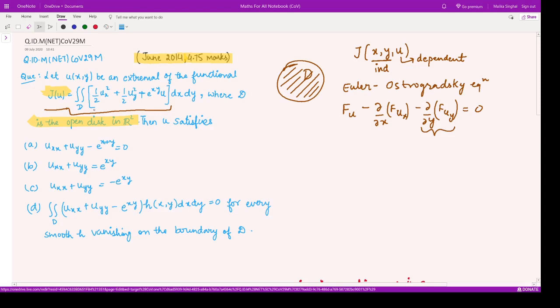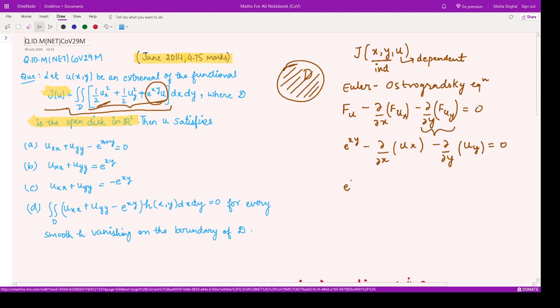The function f is this one. So the derivative with respect to u of f would be e to the power xy, minus the partial derivative with respect to x of the partial derivative of f with respect to ux, which would be ux, and minus the partial derivative with respect to y of f with respect to uy, that would be uy, is equivalent to 0.